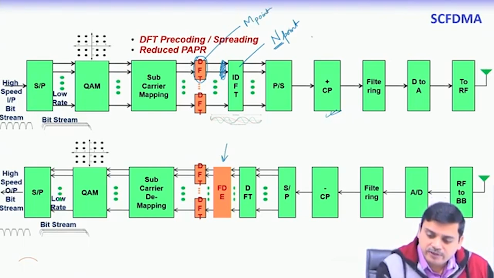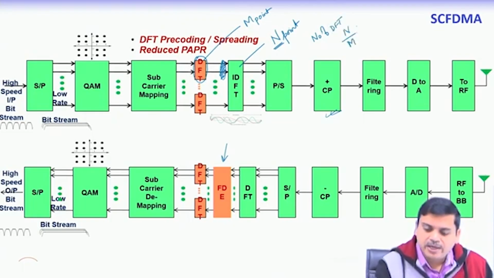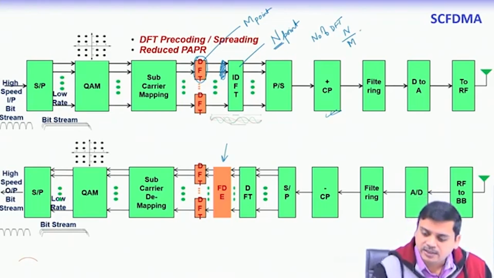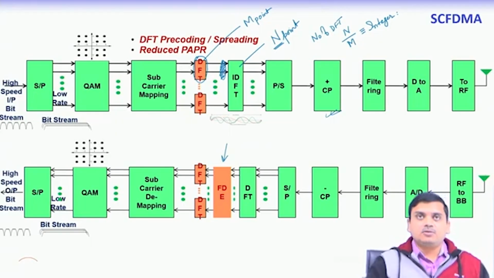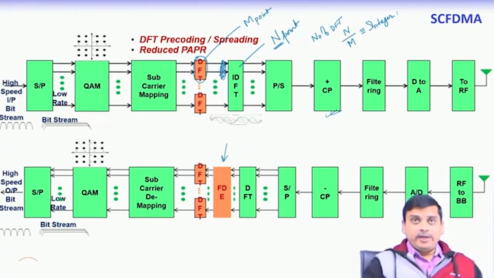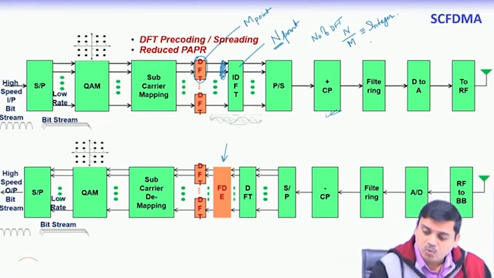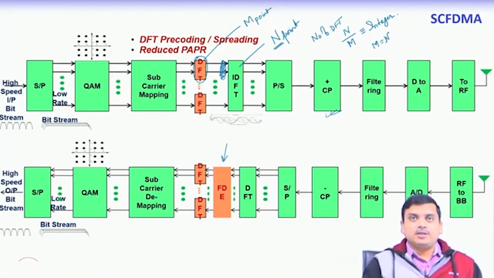Then the number of DFTs that you require would be N divided by M, and it is done in a manner such that this is an integer. This is to be maintained. Now, if we take the options, one extreme option could be M is equal to N. This is highly possible.